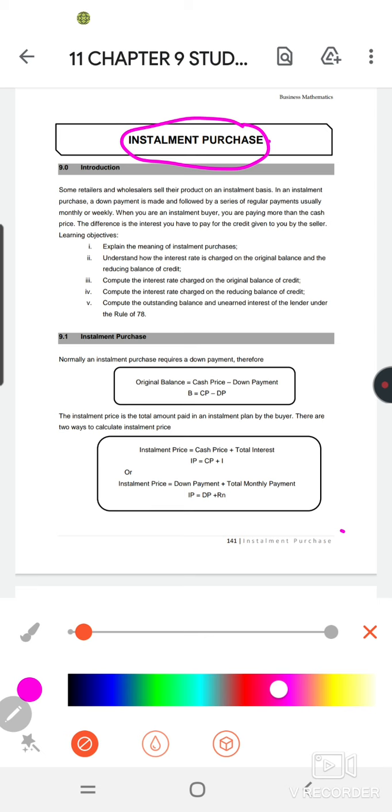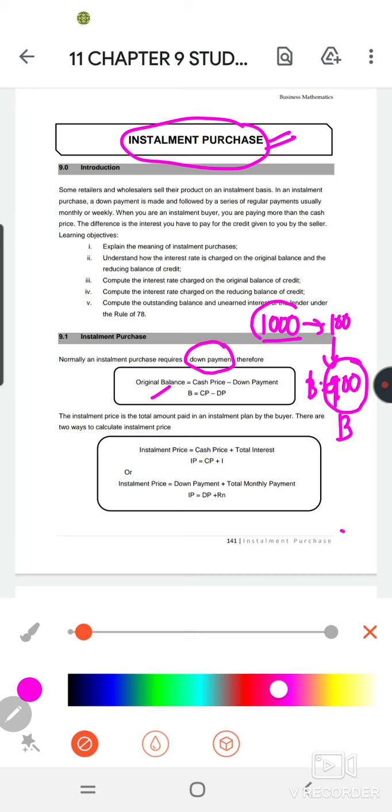Biasanya installment purchase memerlukan down payment. Down payment maknanya contohnya harga barang tu adalah 1,000, awak nak buat installment purchase tapi awak bayar dulu down payment 100. So balance lagi ada 900. This one we call, 900 ni sebenarnya adalah original balance.